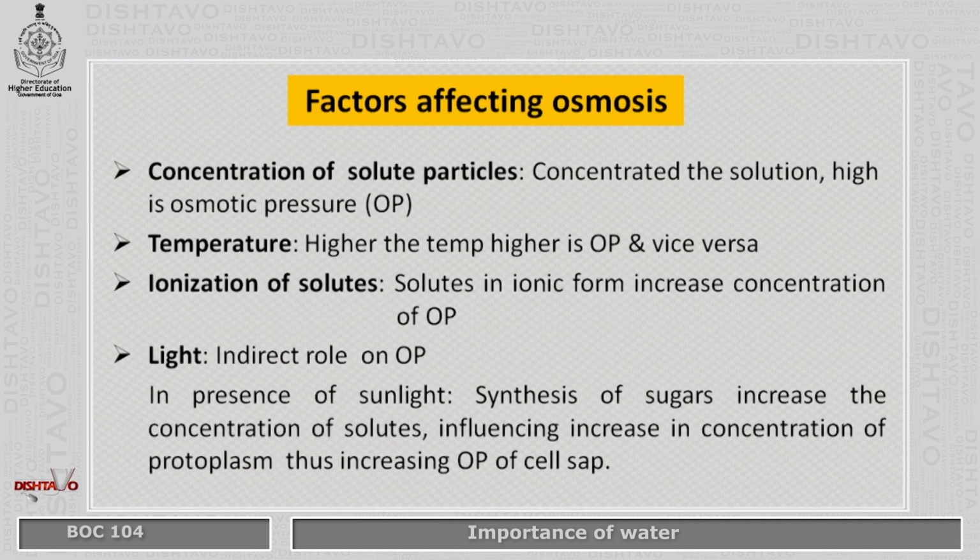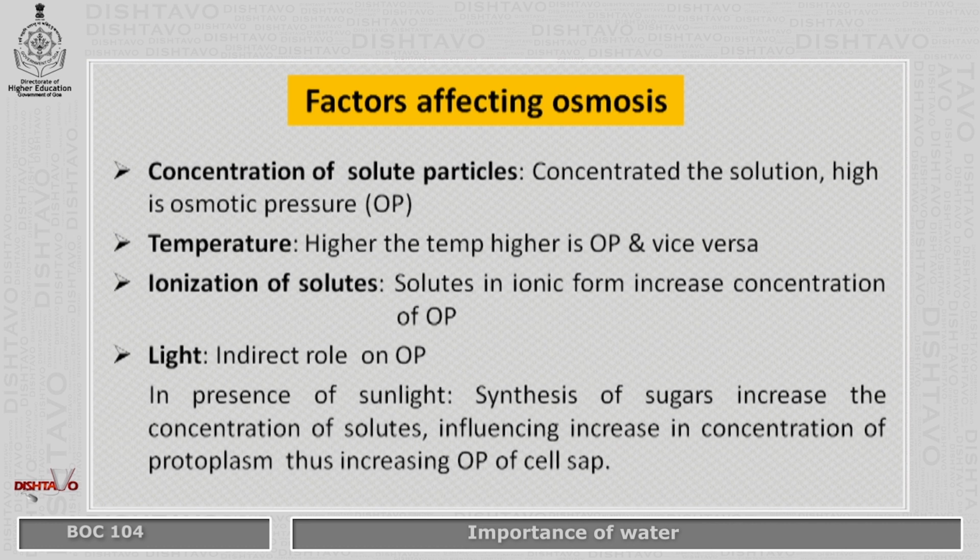Factors that affect osmosis: concentration of solute particles. The more concentrated the solution, the higher is the osmotic pressure. Temperature again plays an important role. Higher the temperature, higher the osmotic pressure, and vice versa. Ionization of solutes: solute in ionic form would increase the osmotic pressure.